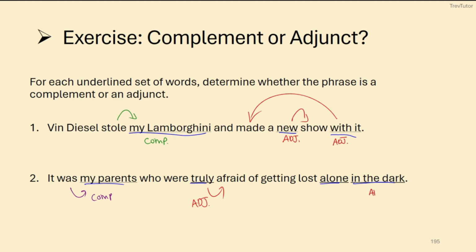Okay, so if we do here, we can swap them with in the dark. Getting lost here alone, getting lost alone here. Okay, so the order that alone in the dark and something like here, which is another adjunct, they don't need to be in any specific order. So that tells us that these are all adjuncts. Otherwise, if there was a fixed order for one of them, then we'd know it's a complement.